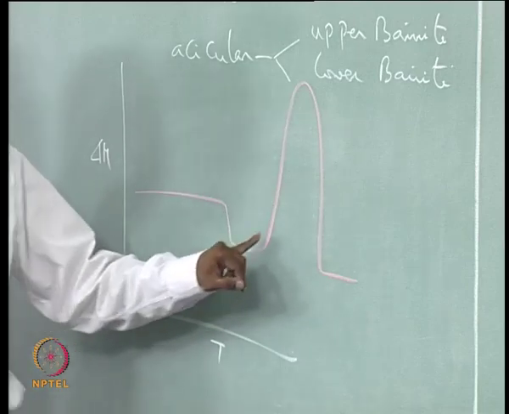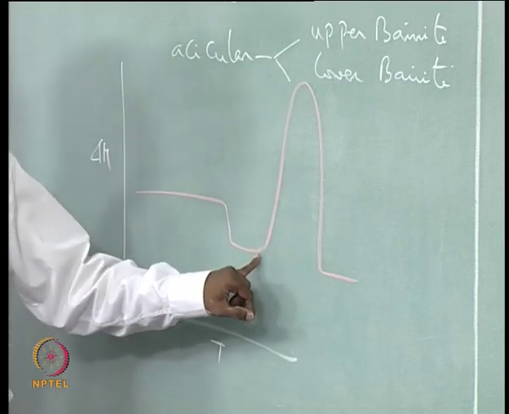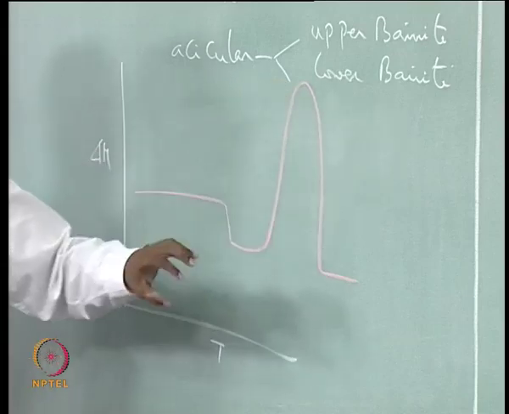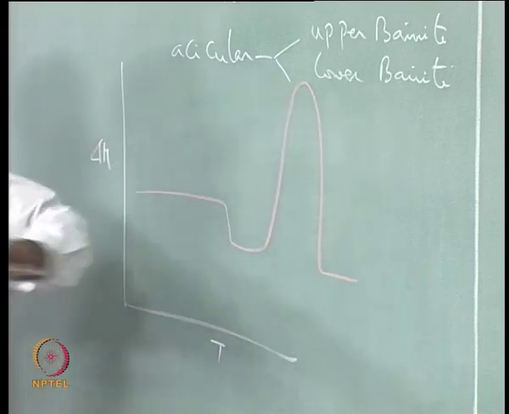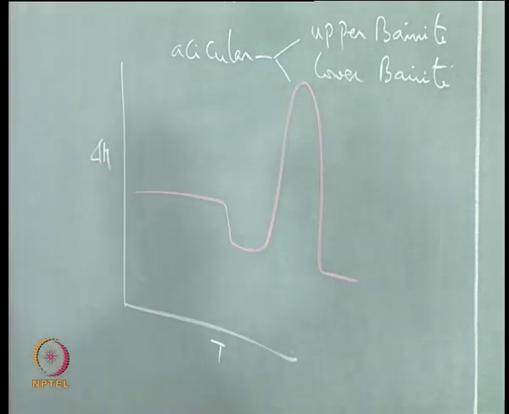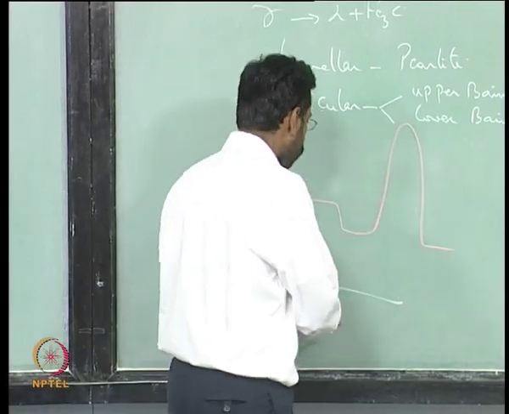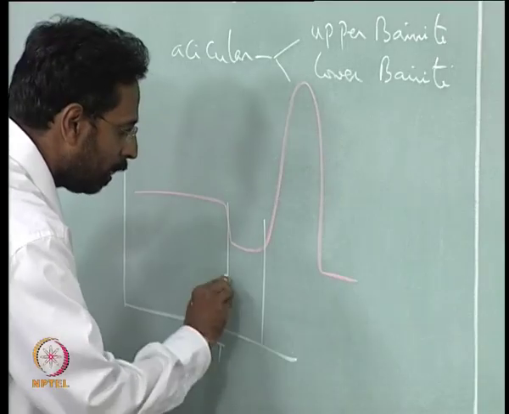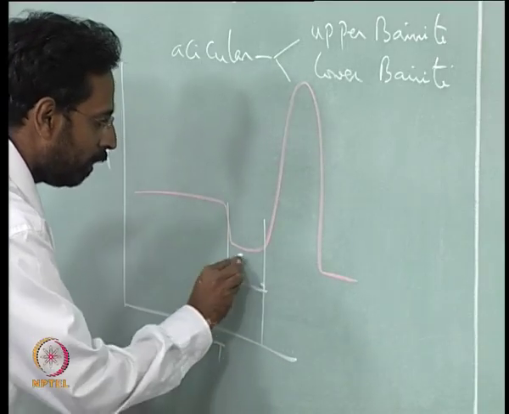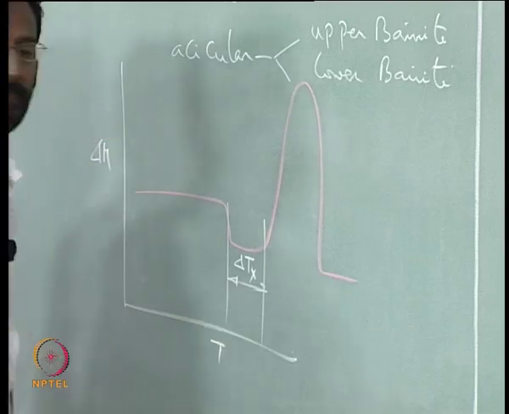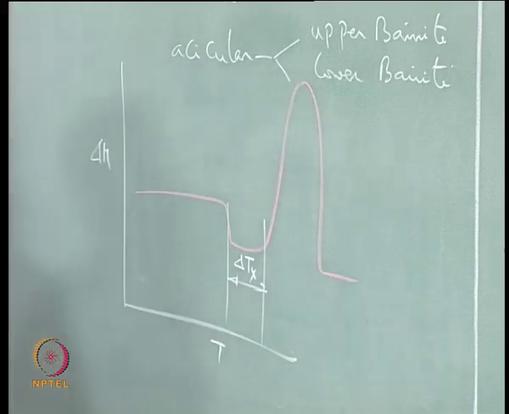And now once this supercooled liquid is crystallizing, you get a peak, and the area under the peak tells you how much delta H is evolved or absorbed during any particular transformation. And this particular region from here to here is what we call delta Tx, which is called the supercooled liquid regime.